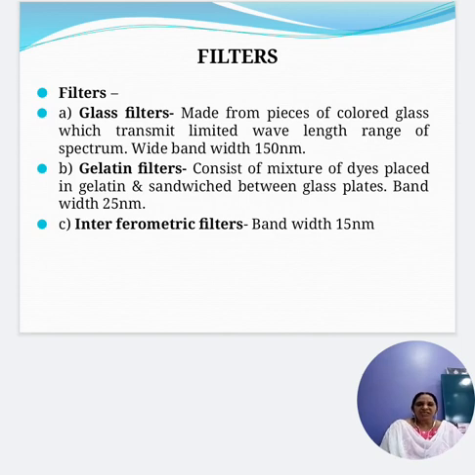Then the next part is filters. Sometimes we use filters to remove unwanted radiations, those radiations which we don't want to interact with the sample. Different types of filters are used.